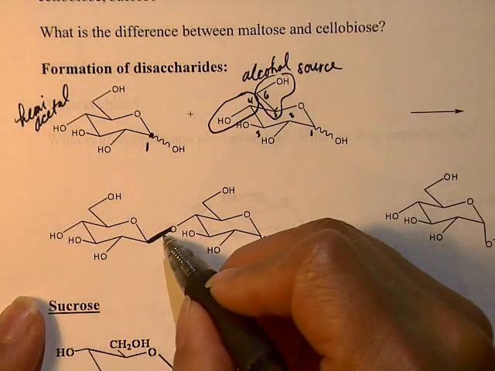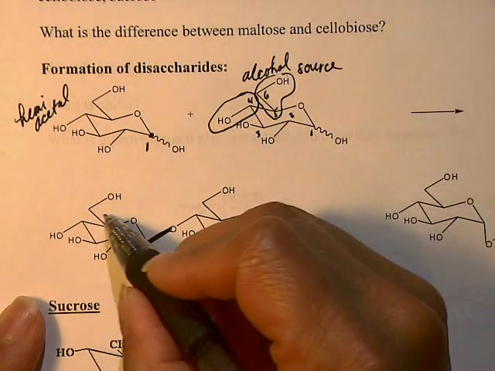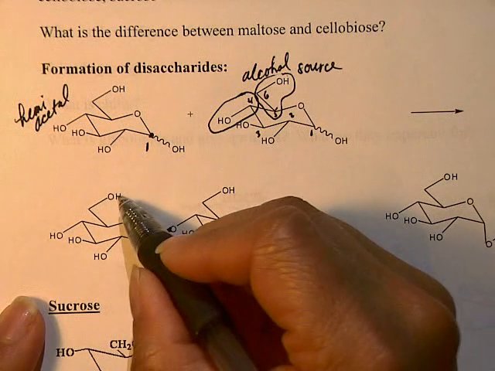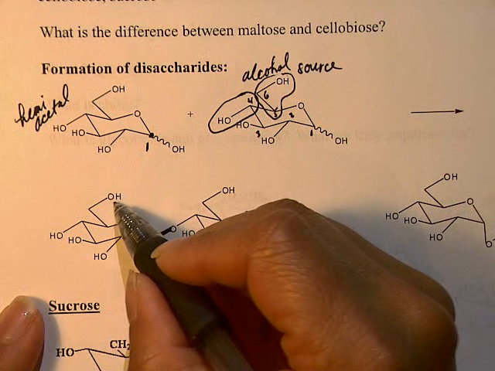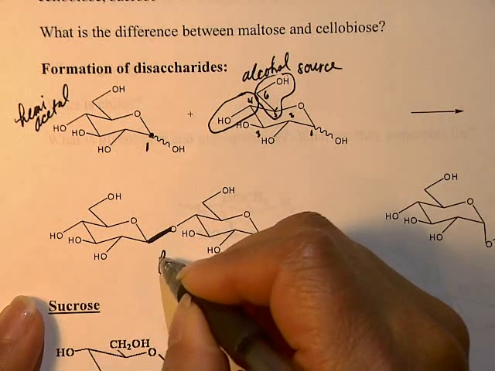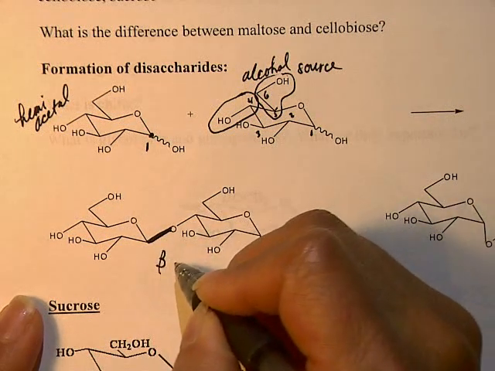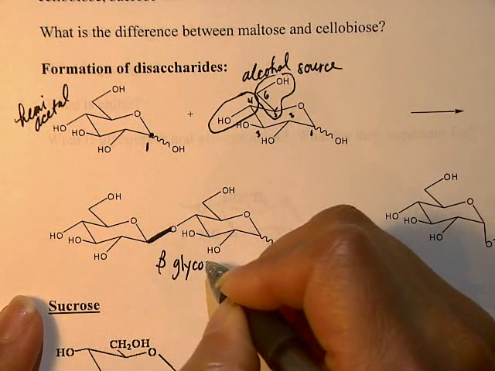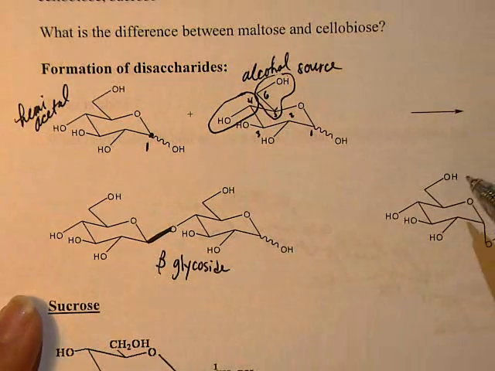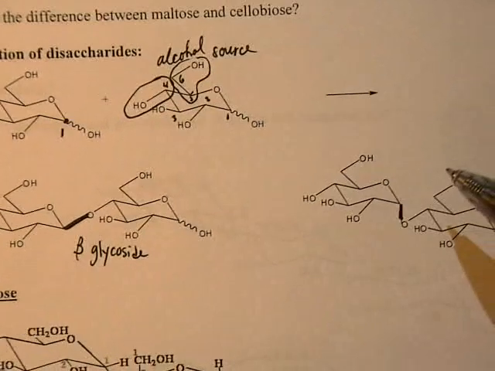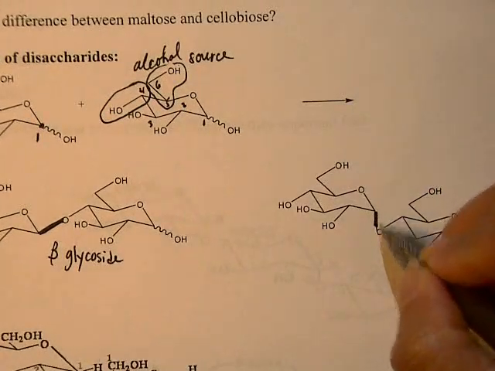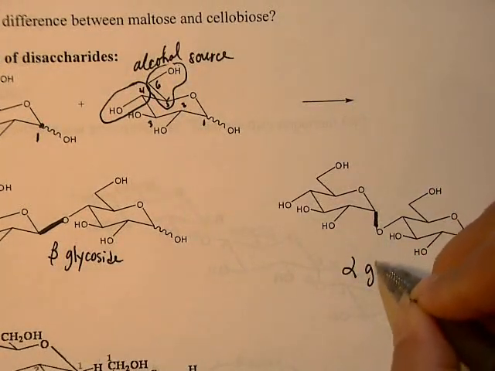This could be either up, in the same area as the CH2OH, causing that to be the beta glycoside linkage, or it could be down, as in this picture right here, called the alpha glycoside.